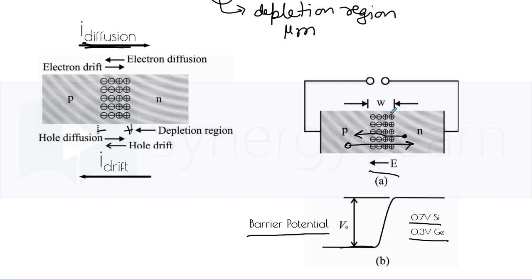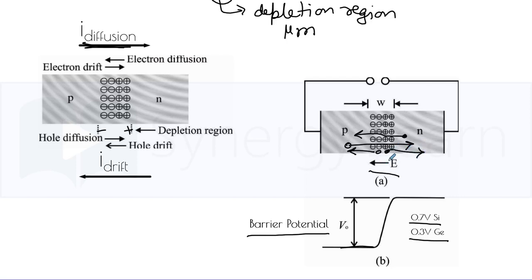In the depletion region, which is full of bonded electrons, few of the bonds break, giving rise to holes and free electrons. This electric field now shifts the holes to the P side because holes behave like positive charge and will drift in the direction of electric field, whereas the free electrons drift in the direction opposite to the electric field.